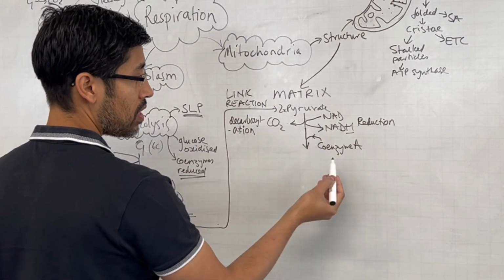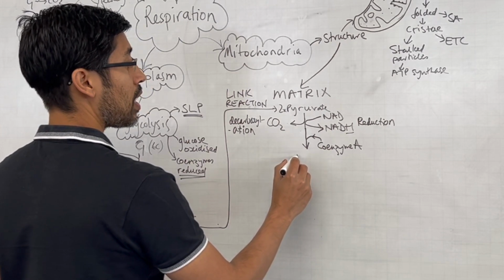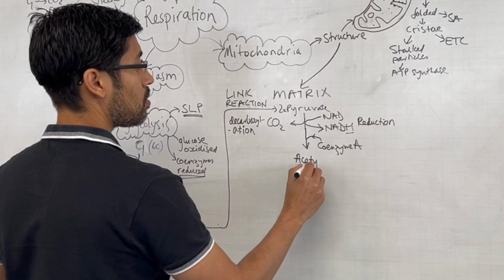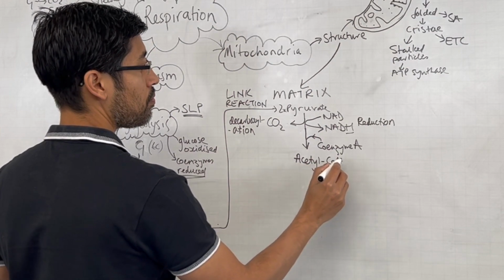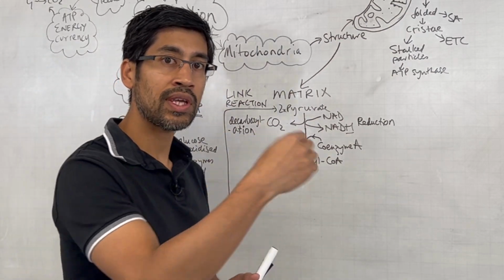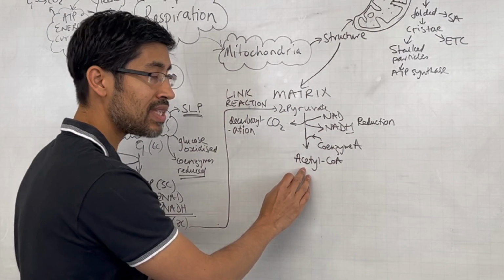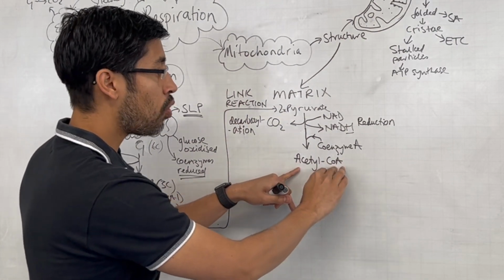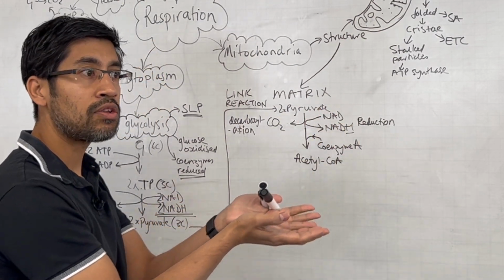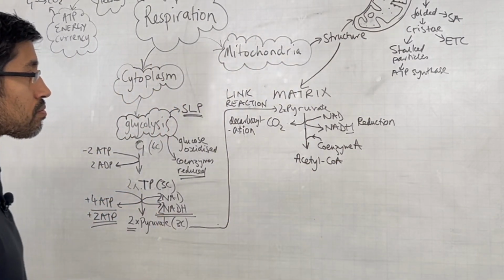So what comes out the other side is called acetyl coenzyme A. So it's important to understand that pyruvate is not converted into acetyl coenzyme A. Pyruvate is converted to acetyl, and it's CoA that is carrying it to the next part of its journey in the Krebs cycle.